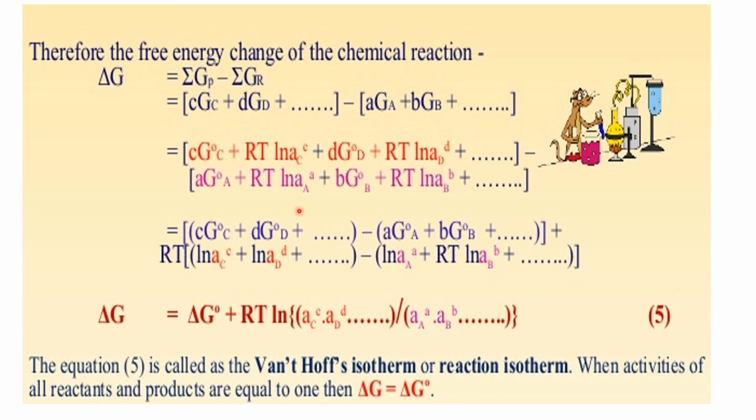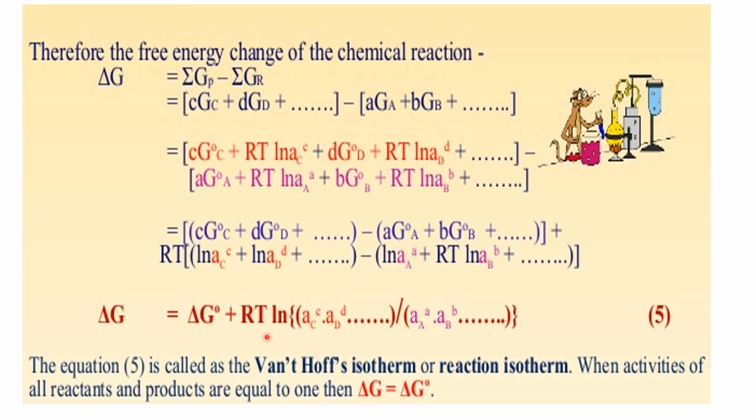See here in this equation, if the activity of all the reactants and products is unity, or 1, we can say the change in free energy is equal to the standard free energy change. When the activity is different, the standard free energy term should be added with a value of RT ln.